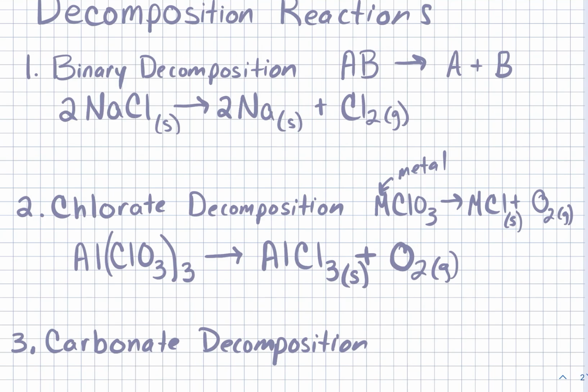And so I notice that I have 6 oxygens on my reactant side and 2 oxygens on my product side. And so I'm going to go ahead and put, it would help if I could do math, wouldn't it? I'm sorry, I have 9 oxygens on my chlorate side, my reactant side, and I have 2 on my product side.